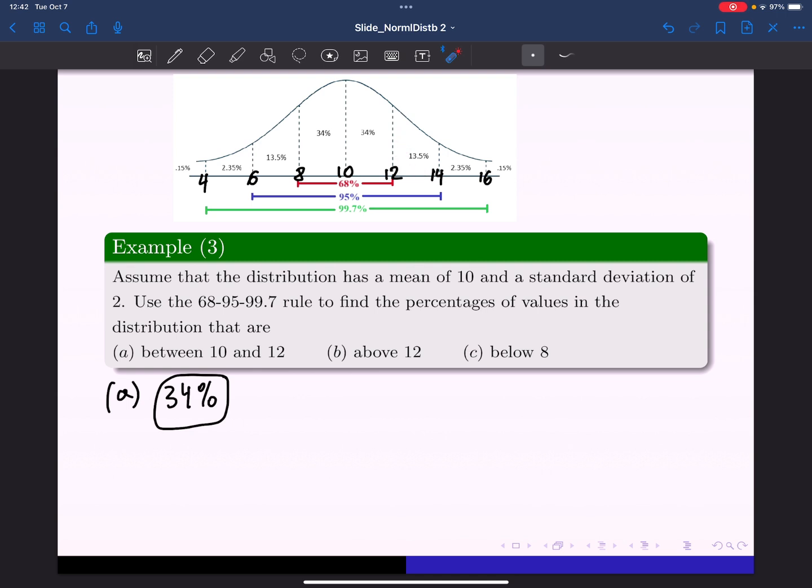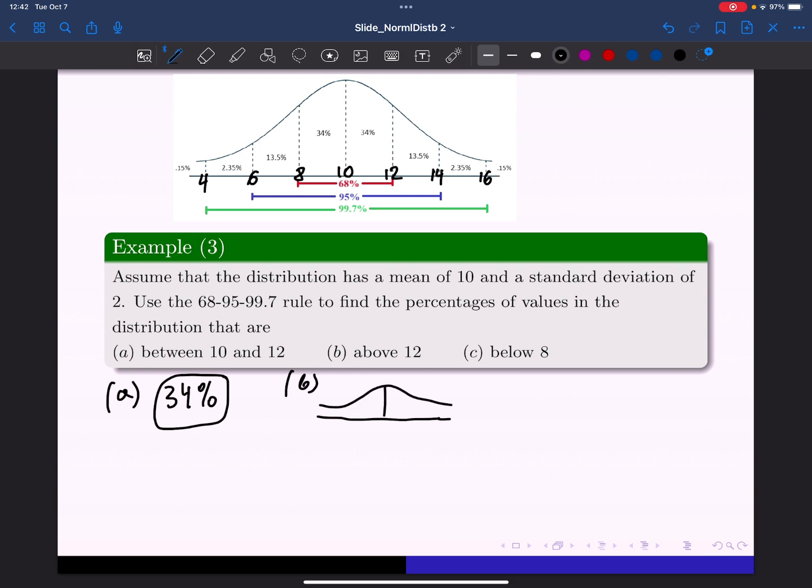In that case, we can calculate this because we know that this total shape is 100%. So half of that would be 50%, right? 50% would be the total. And if we subtract the small part, we're going to get what is above. So this would be part B. We can redraw the bell shape to show you this clearly.